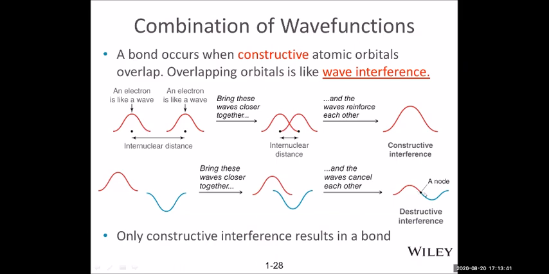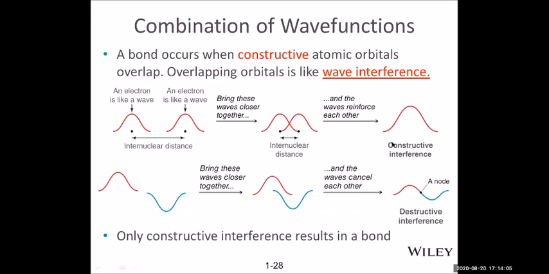The perfect cancellation gives a wave function equal to 0, and that is a node. A node means high energy, where electrons do not show up between the two nuclei. Then the two nuclei just have a repulsion between these two positive charges, and the energy is higher.